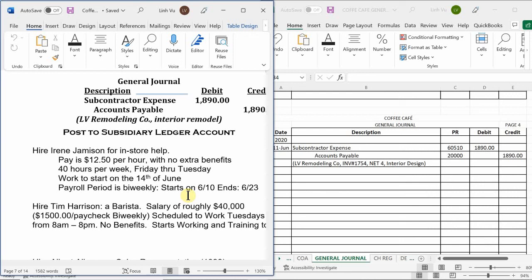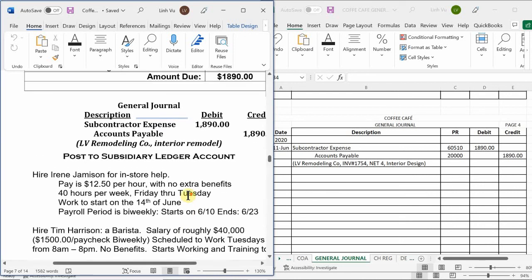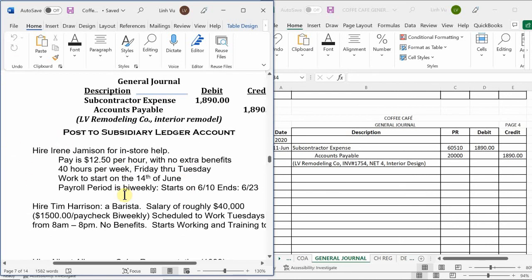So what do I do with Irene? What do I do with this transaction right here? Employee expense? Well, first off, today's only the 11th. Did she work?